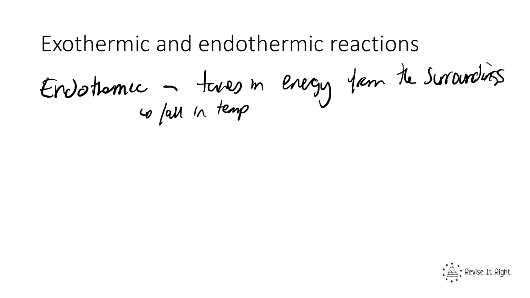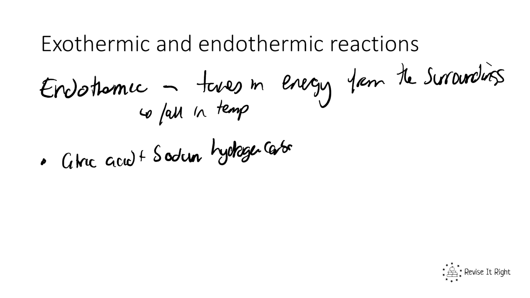Examples of endothermic reactions are much rarer, but there of course are some. So the reaction between citric acid and sodium hydrogen carbonate is an example of an endothermic reaction, and also thermal decomposition is an example of an endothermic reaction.